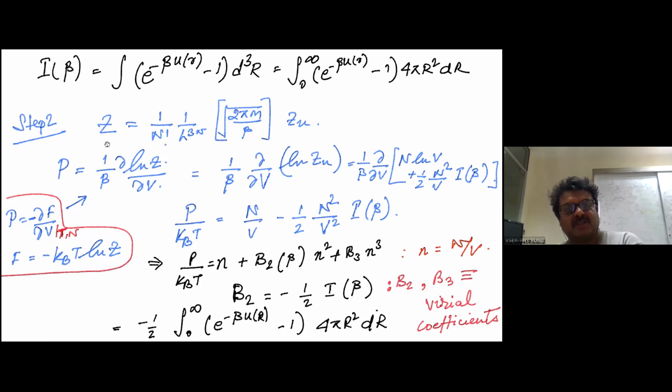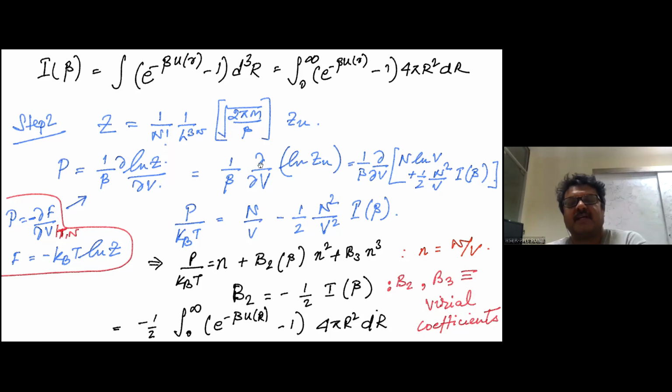So if you have ln Z, then you have to add a k_BT and take a suitable derivative with respect to V. Well, there's a minus sign here, and the minus sign here. So we have just corrected for that and written down the expression for P.